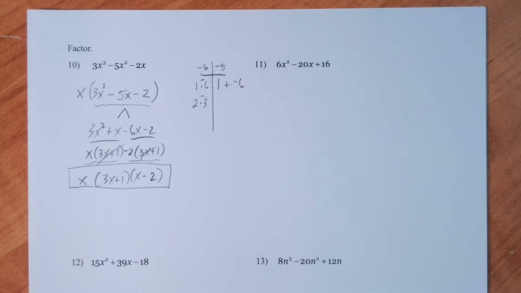All right, so at this point, you may feel comfortable that you can do numbers 11, 12, and 13. All of them are going to require you to factor out a GCF first, and then whatever's inside the parentheses, you'll be able to factor using the AC method. And then I'd encourage you to watch the video and make sure you did it right.